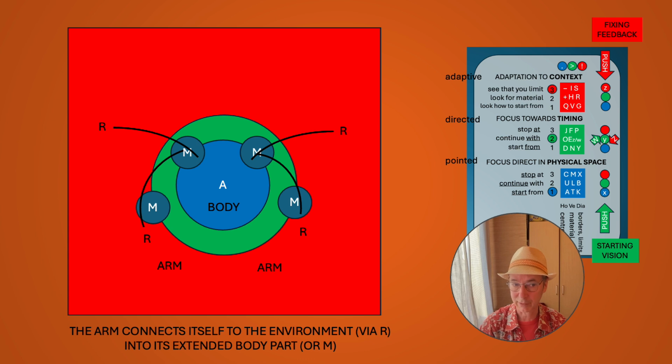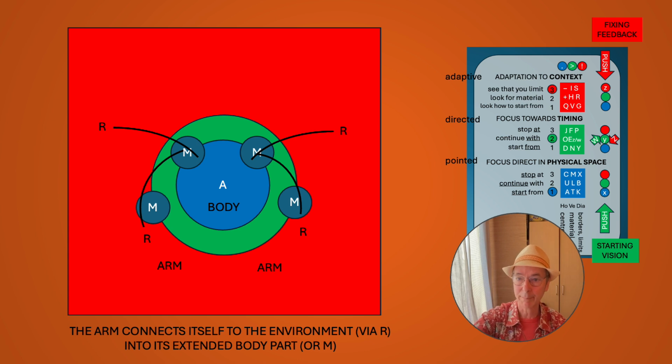Another example, for instance, the arm. Then what is that doing? It makes a connection from the body onwards towards the outer range of bodily parts. The M is about this outer range of physical body parts, the physical parts even as well.